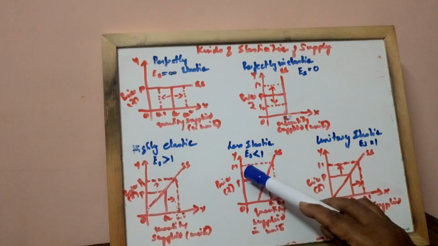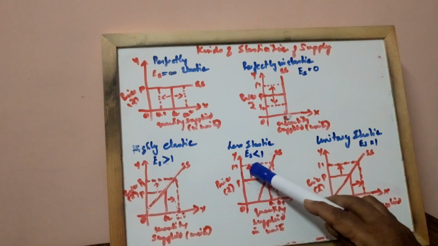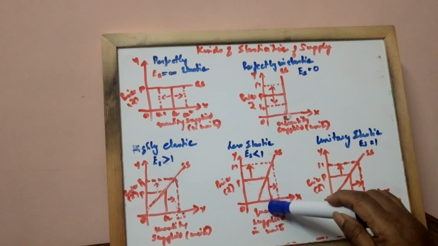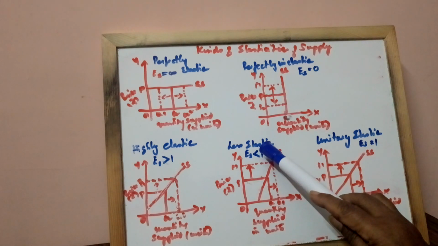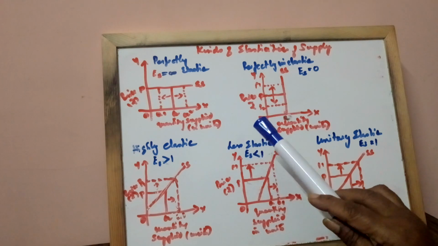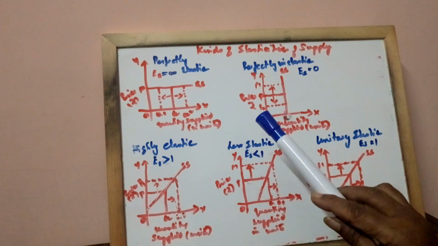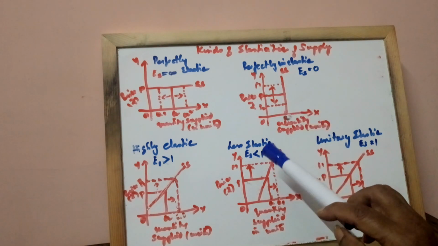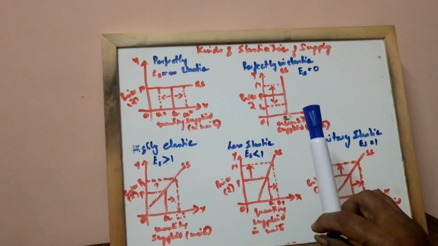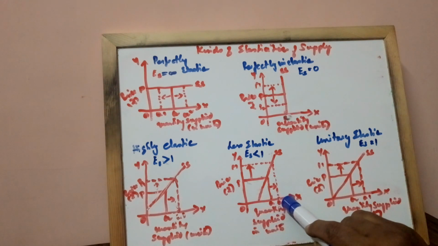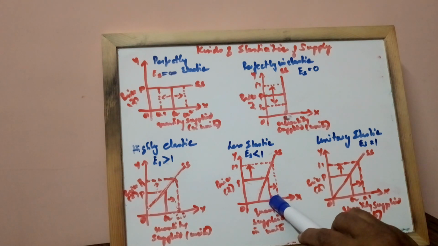So though the price increases, the quantity supplied increases at a lower level. So this is less elastic. If 100 units are supplied at the price of rupees 10 per unit, then when the price increases to 15 rupees per unit, you find 120 units are supplied. So the quantity supplied is more.